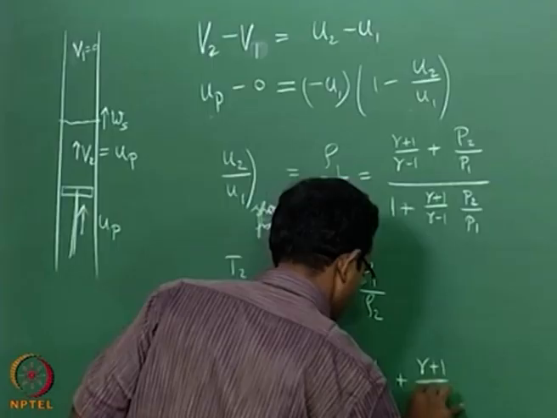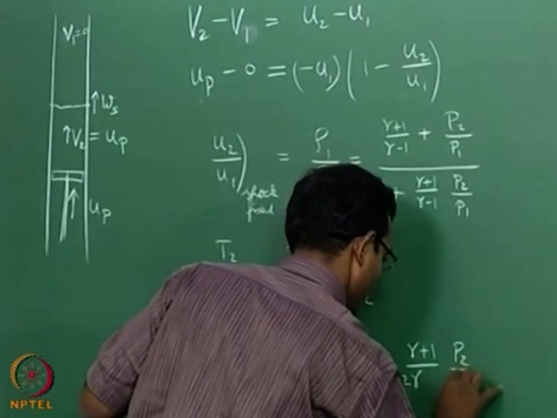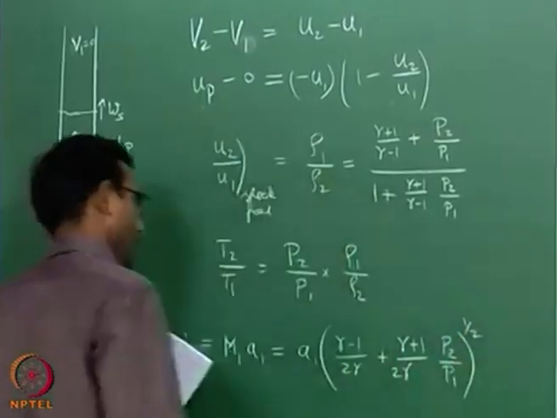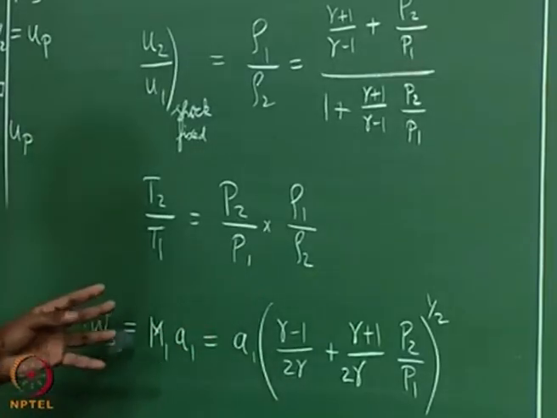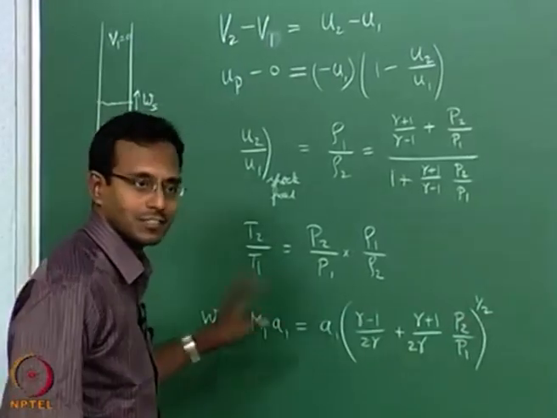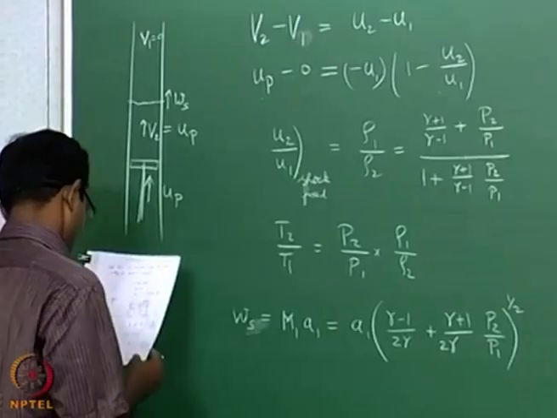I just wrote expressions from a few pages ahead in my notes. This will be the relation you will get. It is basically inverse of that m square term, that is why you get this half in here, just inverting the P2 by P1 in terms of m square, you get to this relation.